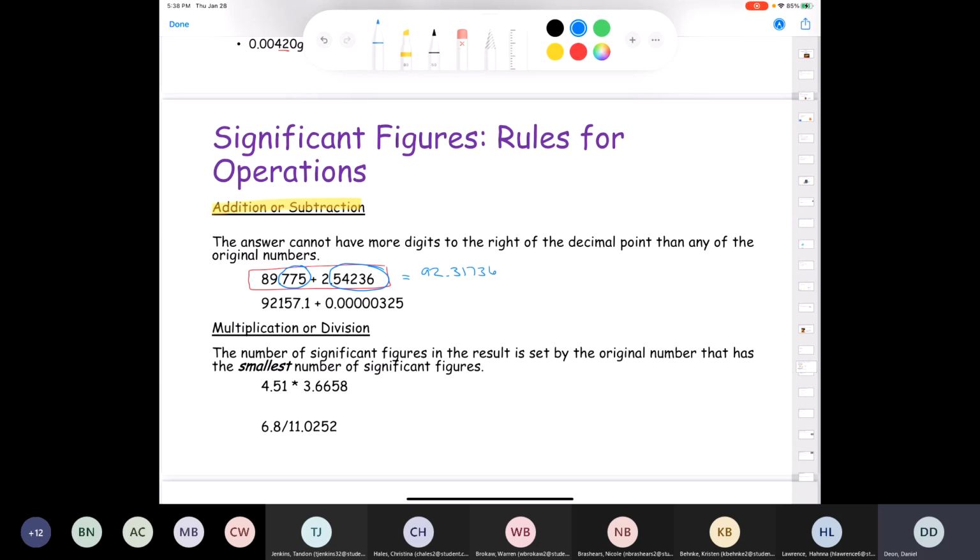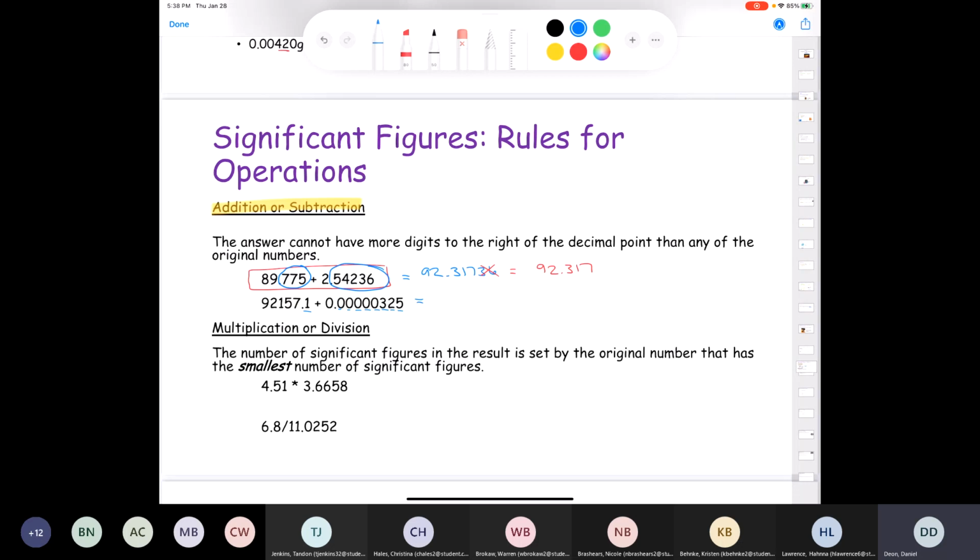It's not the right answer, though, because I can only have 3 decimal places. These last 2 numbers here, those are not significant. My answer should be 92.317. That's the actual answer. Let's look at the next example. This number has 1 decimal place. This number has 1, 2, 3, 4, 5, 6, 7, 8 decimal places.